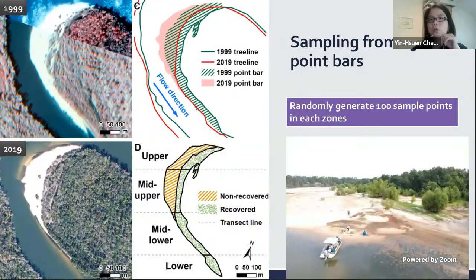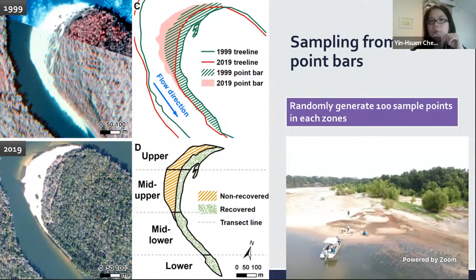So here I want to show you how we made the sampling for our models. First of all, like I mentioned before, we use binary independent variables, say recovered or non-recovered. In order to define the recovered and non-recovered zones, we select two sets of aerial photos taken in 1999 and 2019, covering two decades, 20 years of the recovery.